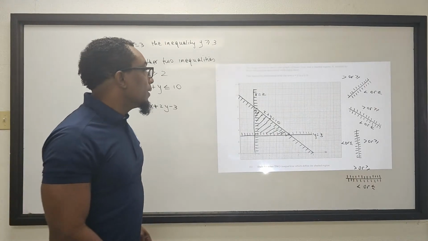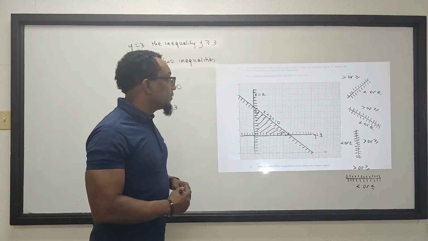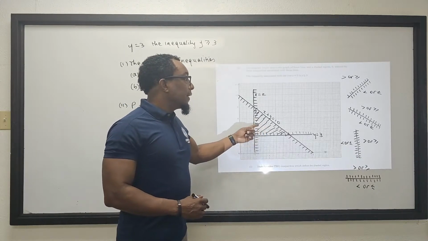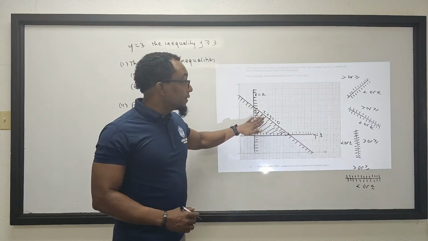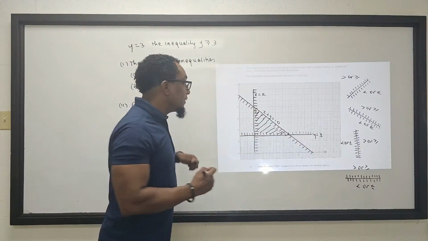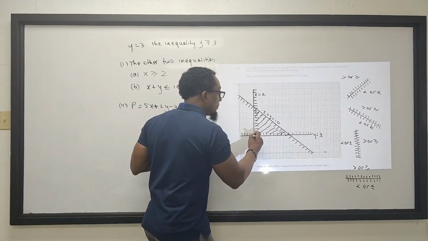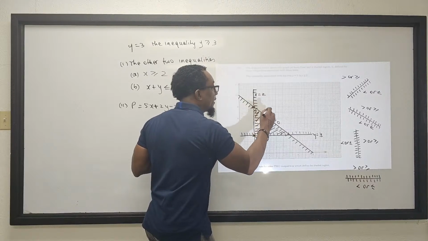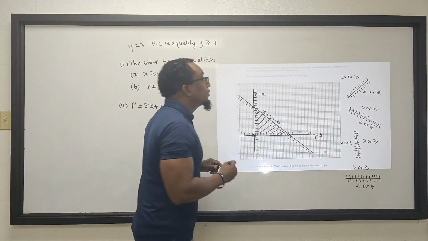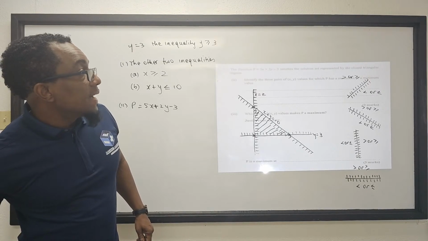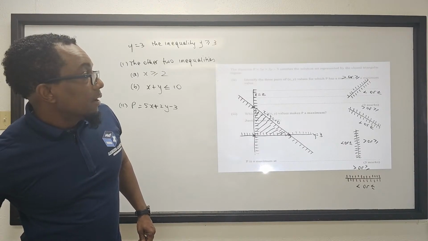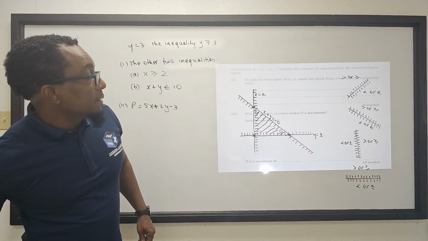So the 3 pairs of x and y values will occur where we have to satisfy the regions, where all the inequalities coexist. And therefore the 3 satisfied regions will be here, here, where the 3 pairs of values for which p has a maximum or minimum value.